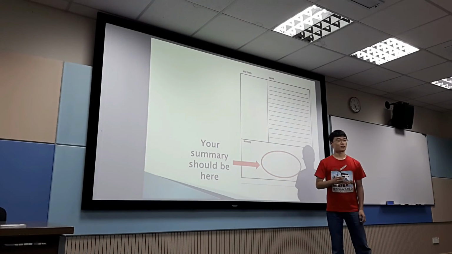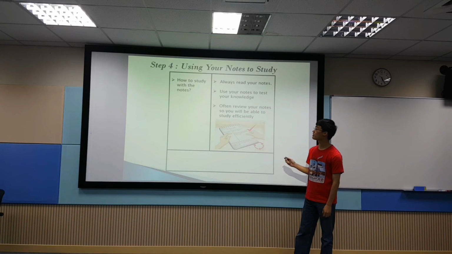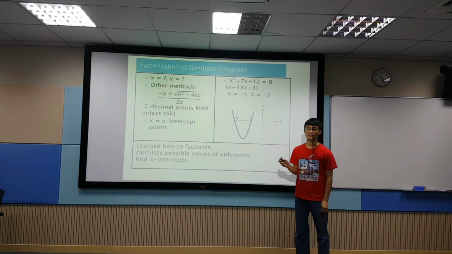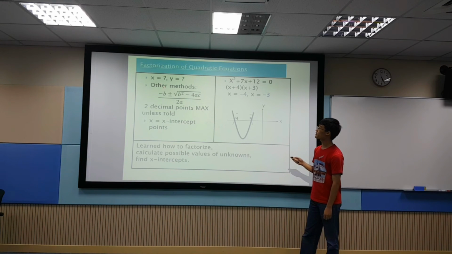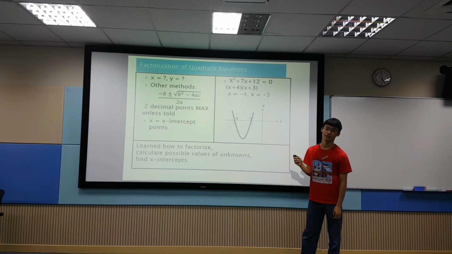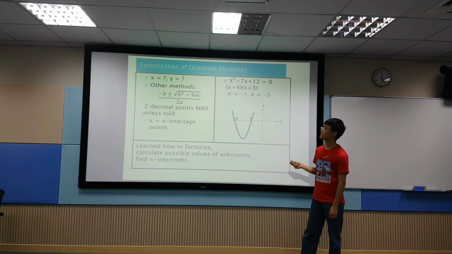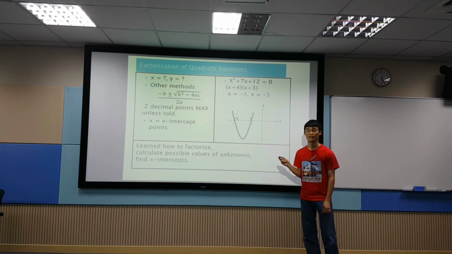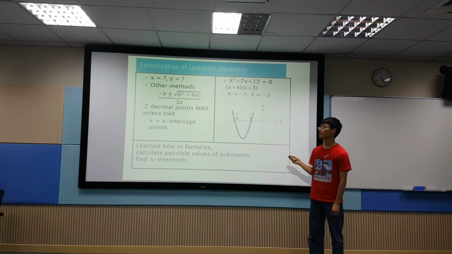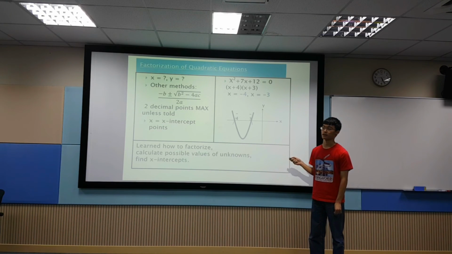Now I'm going to show you an example of how to use the Cornell Method. Let's start with something familiar, like maths, specifically the factorization of quadratic equations. On the left side, the keyword column, you can put down the questions, formulas, or any other key elements that you think might be important.